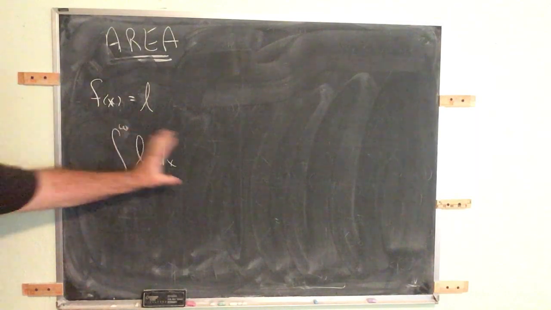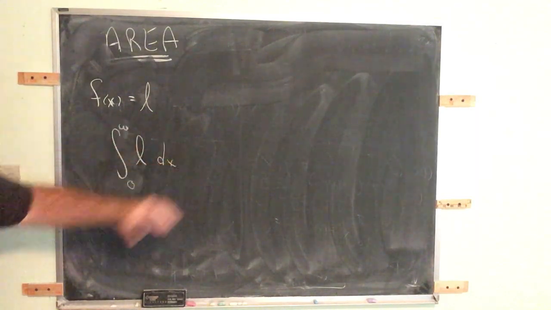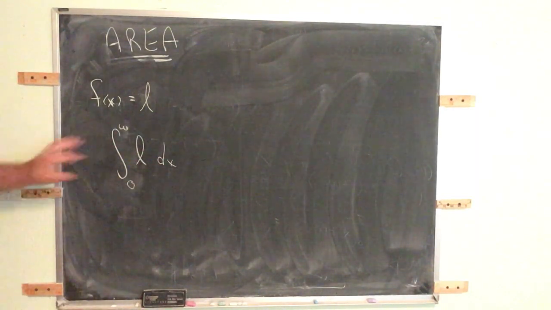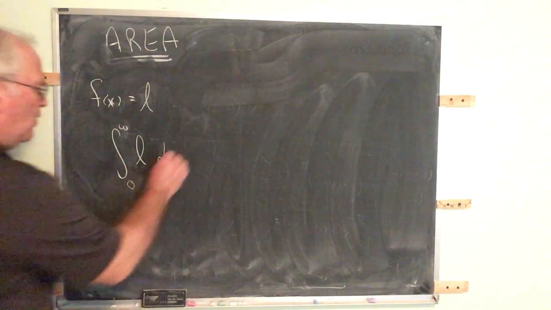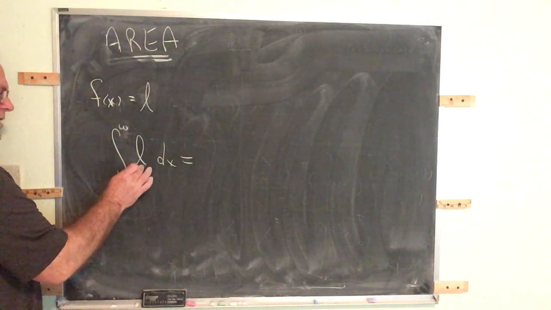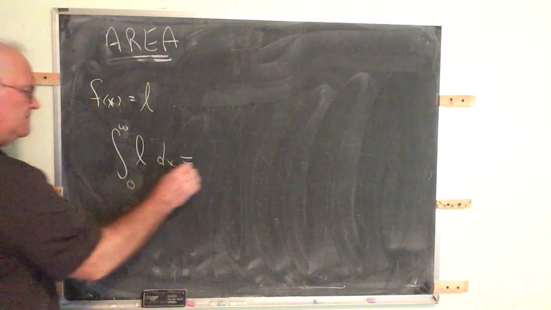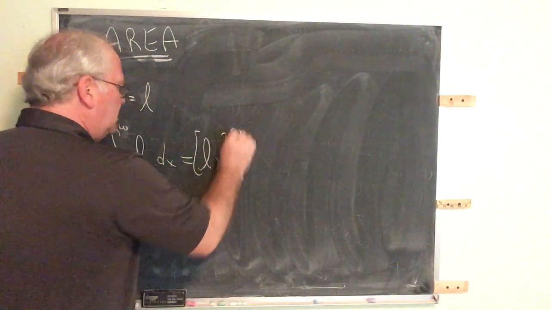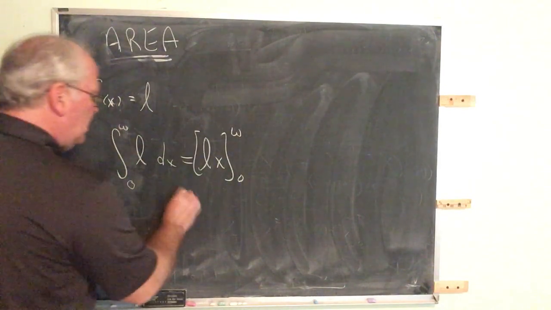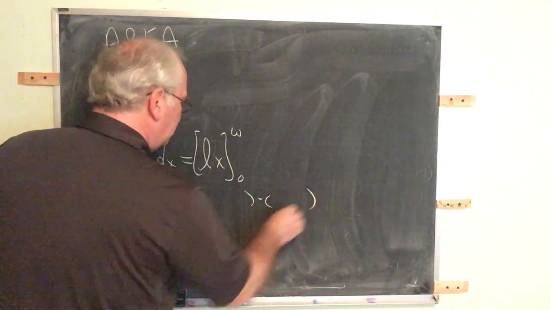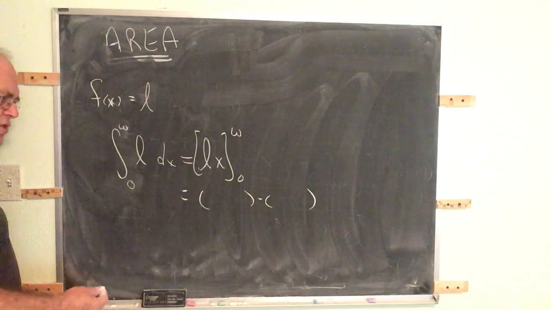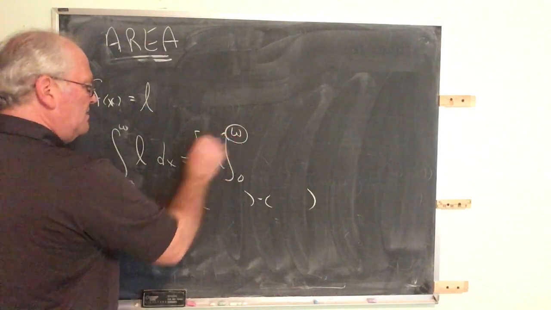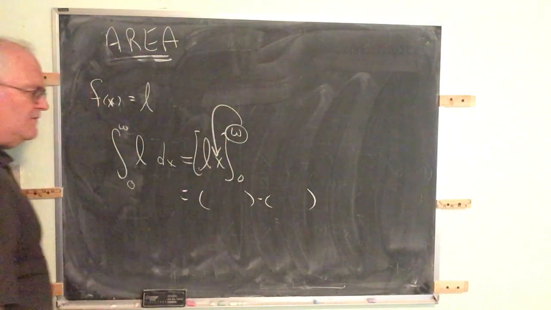The question is, if we evaluate this integral, what do we actually compute? Well, we know this. Find the antiderivative, so reattach the variable, and then evaluate that from lower limit to upper limit. That's evaluate at the top minus evaluate at the bottom. Now, how do you evaluate? You take the upper limit of integration and substitute it for the variable.